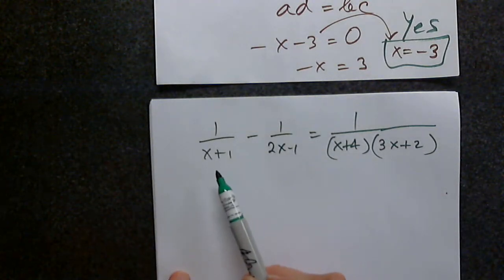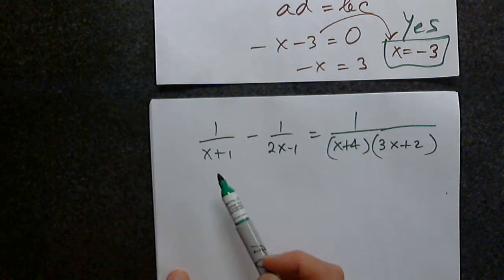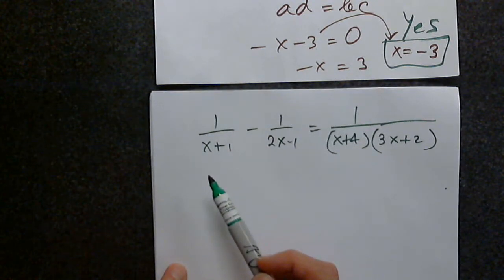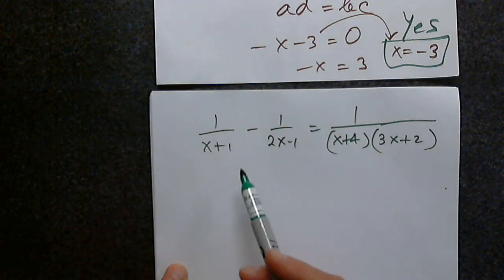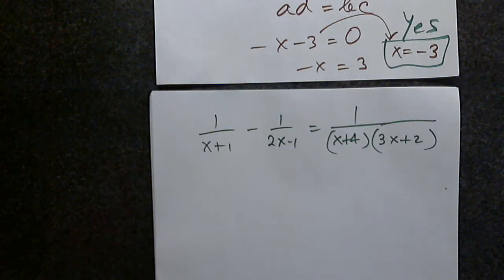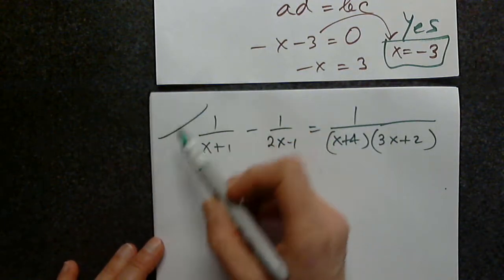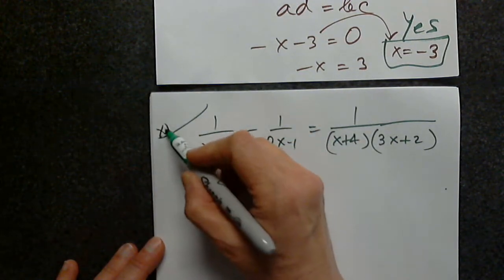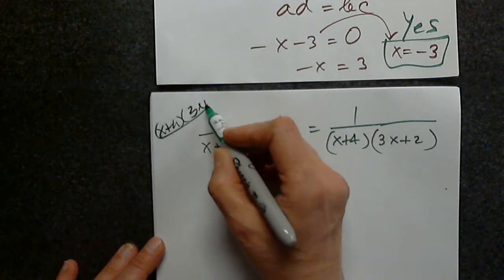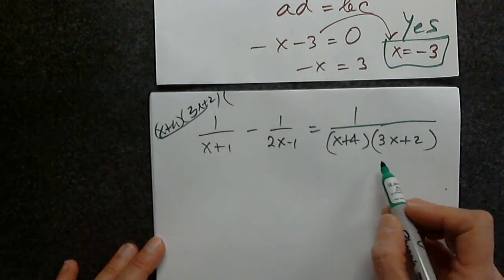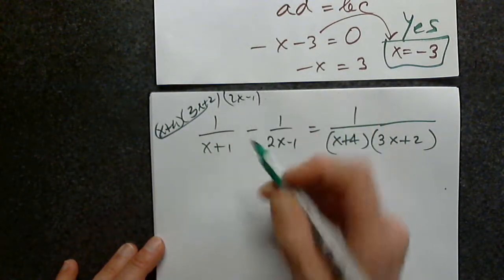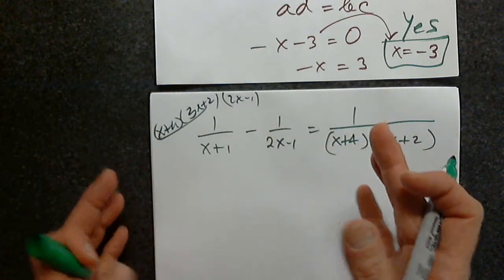What will be the least common denominator? You have to multiply by four different factors. I will not even know how to write it. So I'm going to have to multiply this by x plus 4, 3x plus 2, and 2x minus 1. It doesn't even fit.